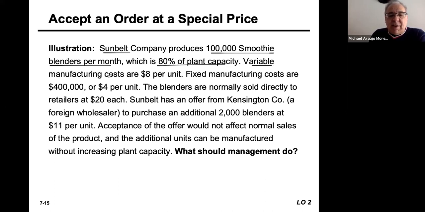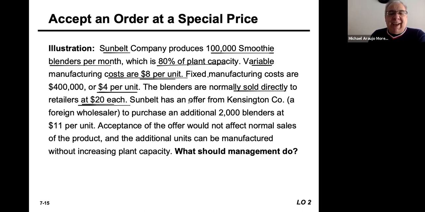Variable costs are $8 per smoothie blender. Fixed manufacturing costs are $400,000 or $4 per smoothie blender. The blenders are normally sold directly to retailers for $20 a piece.